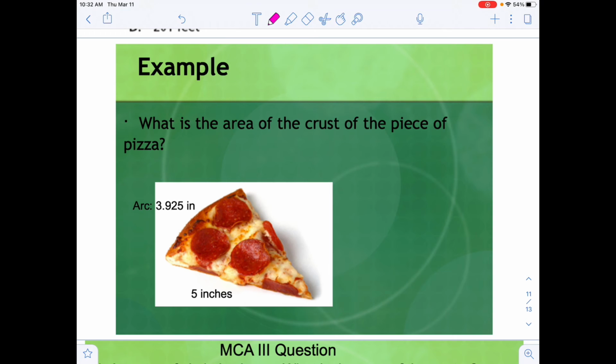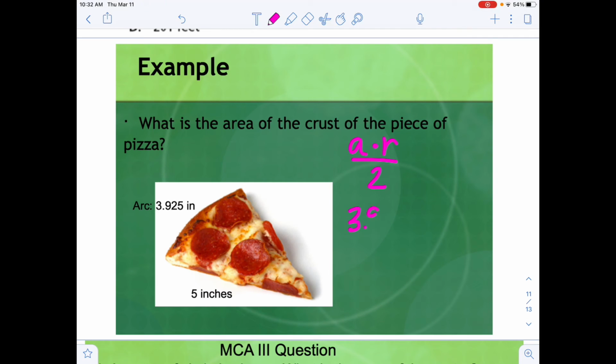This problem says, what is the area of the crust of the piece of pizza? So the crust is like that bottom layer. Oh my gosh, that pizza looks really good. But what we're gonna do is we're gonna use our formula of arc times radius divided by 2 to find that area.